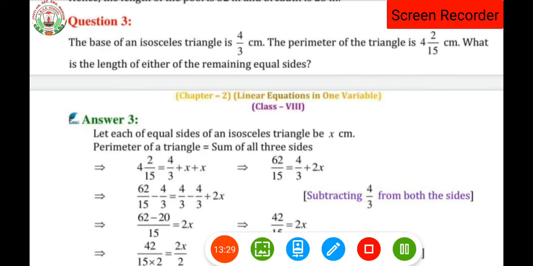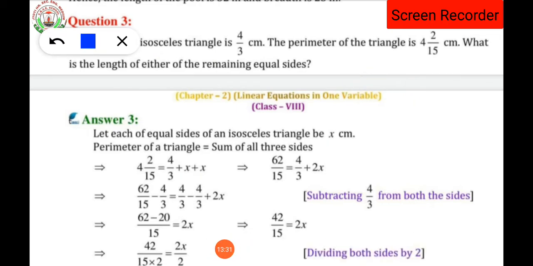Clear? Because the perimeter value is given. So what is the perimeter value? The perimeter formula of a triangle is A plus B plus C. So the perimeter value is given as 4 2 by 15. So we are going to put the value 4 2 by 15 centimeter here.